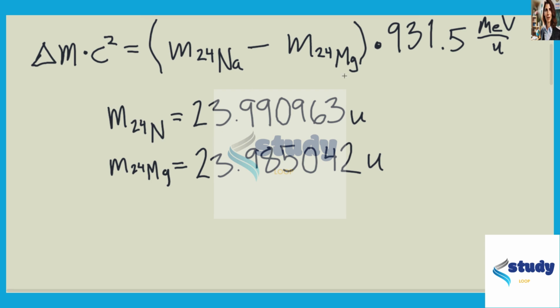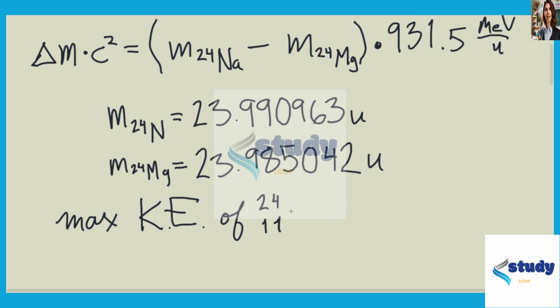Plugging these into the above equation, this value into the sodium isotope mass, this value into the magnesium isotope mass, we find there is a maximum possible kinetic energy of this sodium 24 isotope.